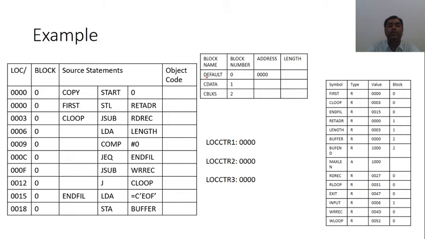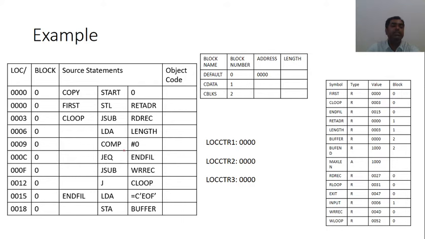The default block considers only the simple instructions. In the CDATA block, the instructions that take a small amount of memory are written. But in the CBLKS block, the instructions that take a large amount of memory are written.